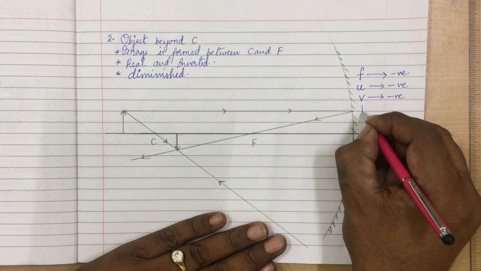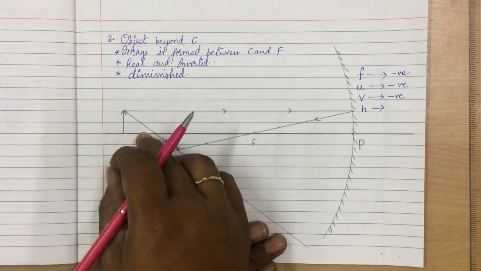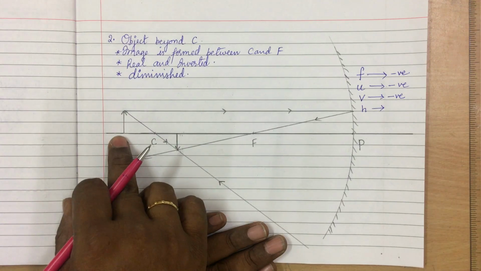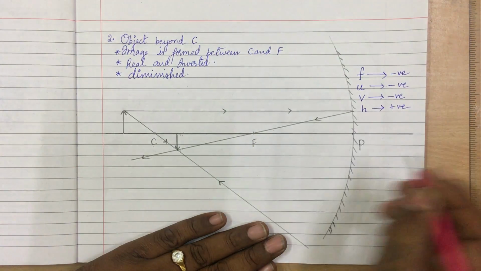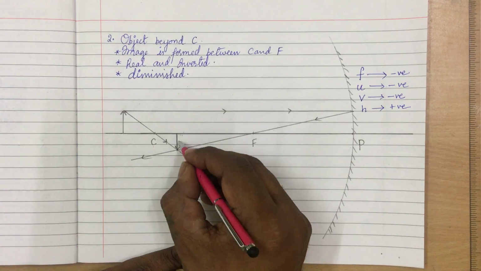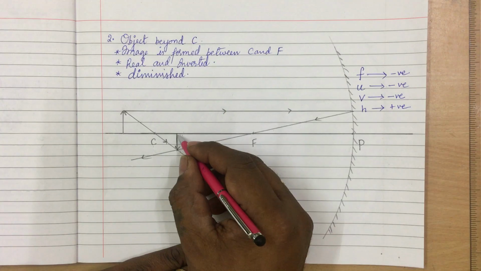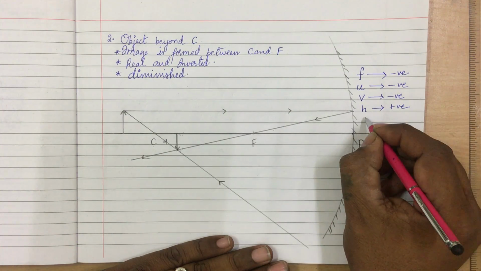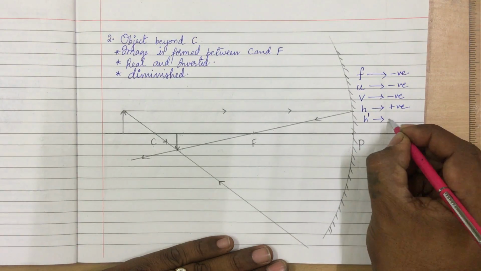Height of the object: the object is drawn above the principal axis, so the height of the object is considered positive. Next, height of the image. This is the image. The image is below the principal axis, so the image height is considered negative.